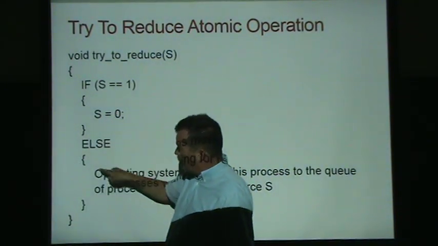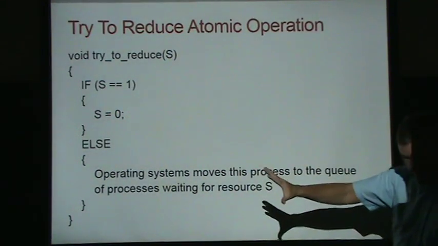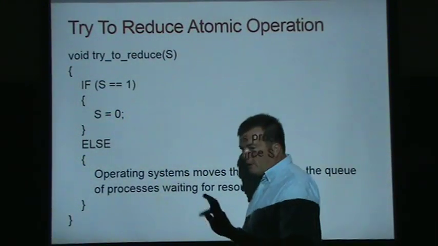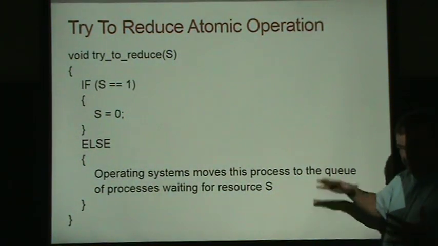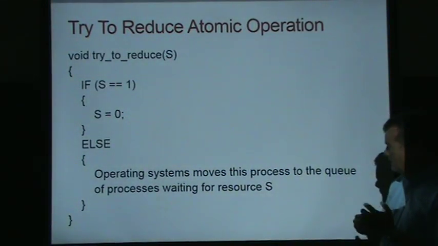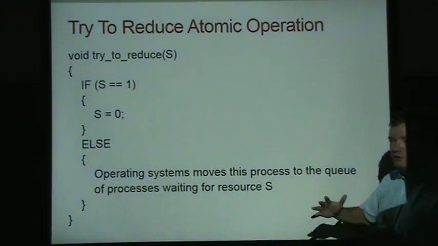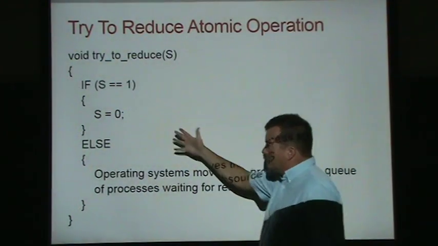If the value is not 1, and I just wrote out a sentence in English here, I'm going to show some pictures depicting what the operating system does in a second. The operating system is going to move this process that's asking for a resource that's not available onto a queue of processes that are waiting for this resource.